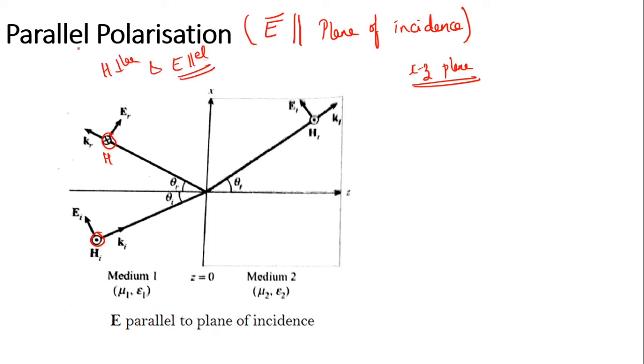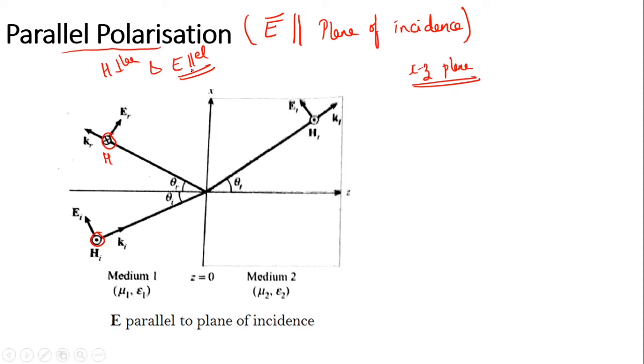So E parallel means that is parallel polarization. E is parallel and H is perpendicular. You can see both these notations show that the vectors are perpendicular. So H is perpendicular whereas E is lying in the plane. E is parallel to the plane of incidence. In all these cases, the propagation vector and E both are lying in the plane of incidence.